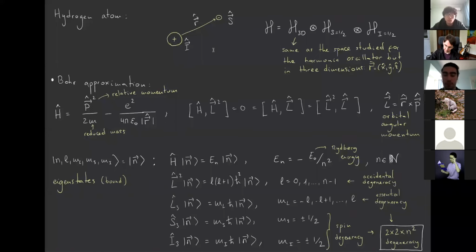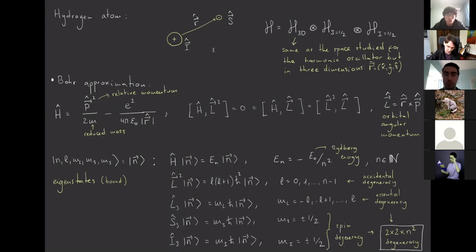We will see it later. Then, as I said, we have the third component of the orbital angular momentum, which has a quantum number that we call the magnetic quantum number, and it can go from minus L to L in steps of 1.